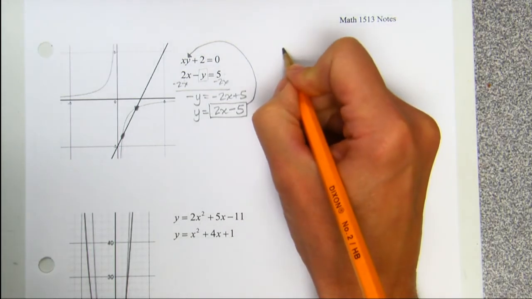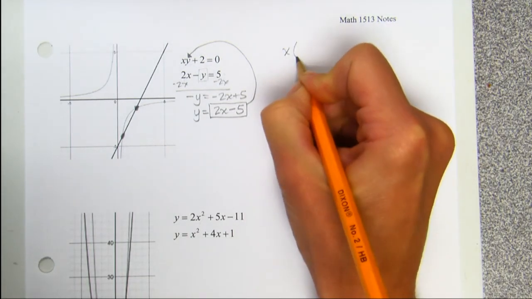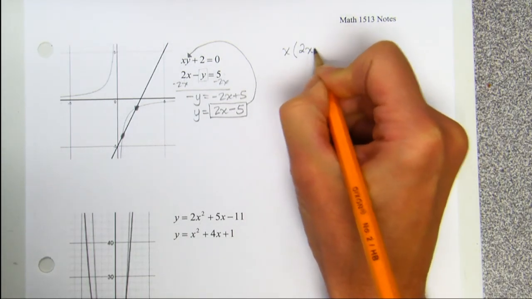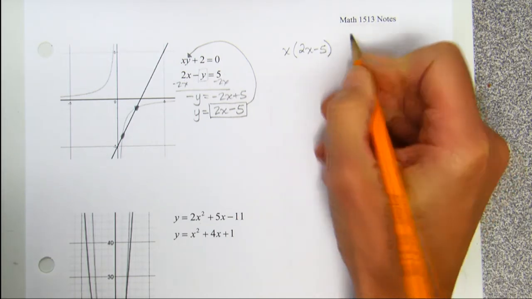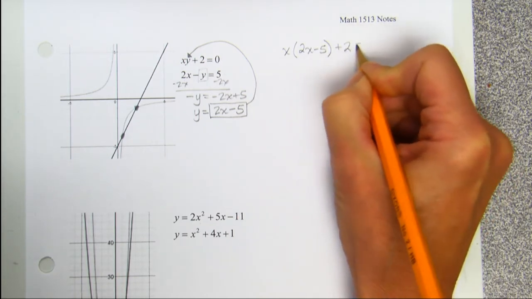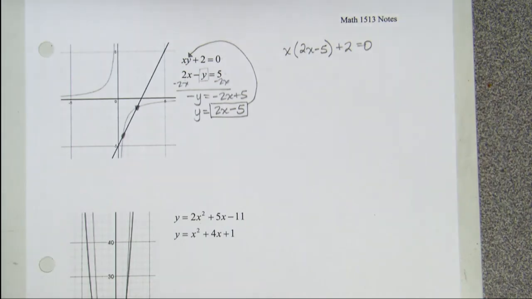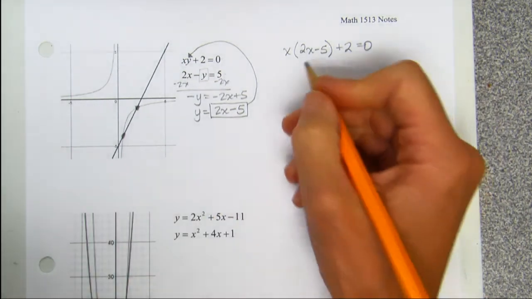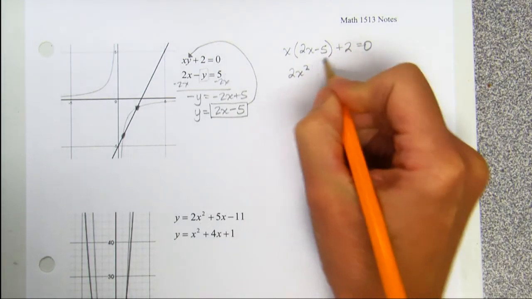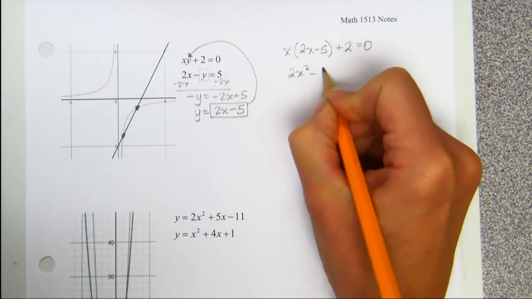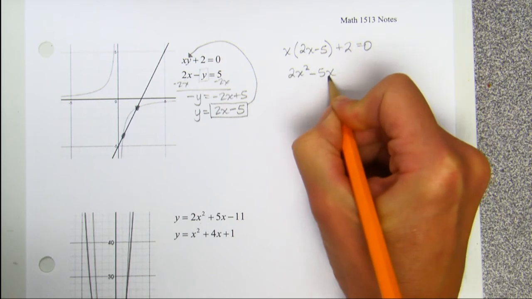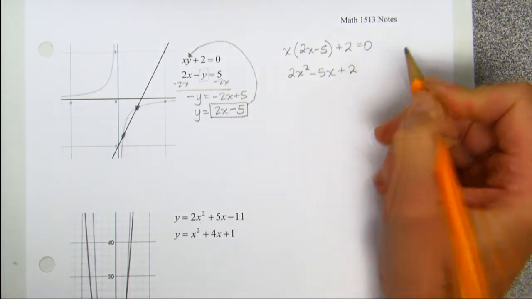So we're going to bring over our x, open parentheses, 2x minus 5, close, plus 2 equals 0. Distribute the x, you'll get 2x squared minus 5x plus 2 equals 0.